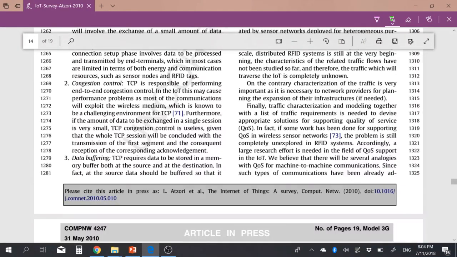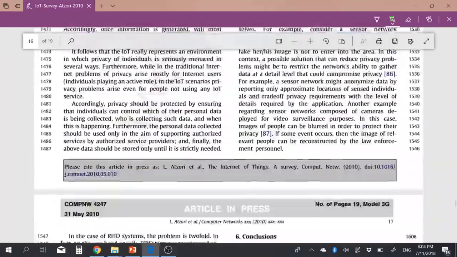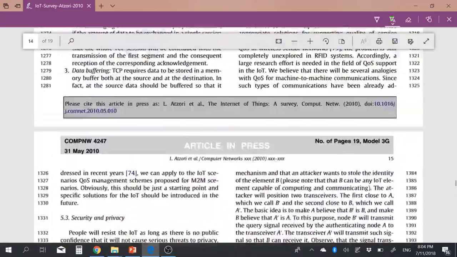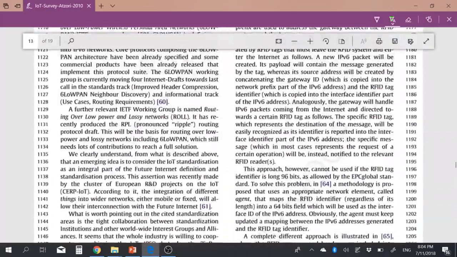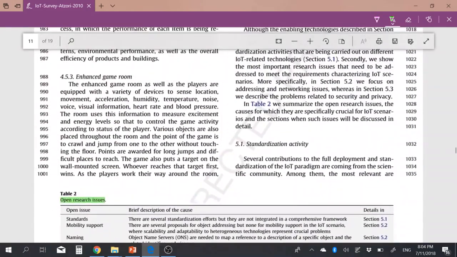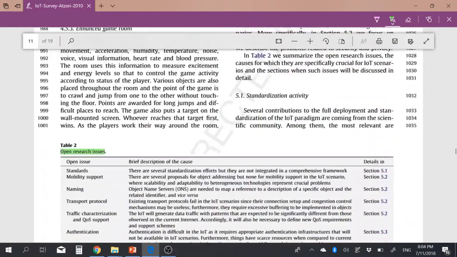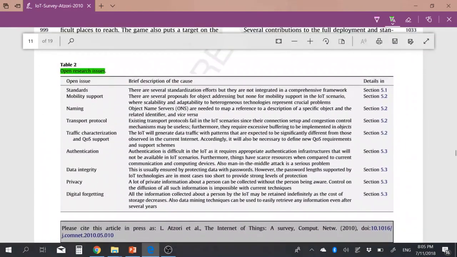We go down to number 5. Here, see, open issues. The author writes about many issues, and here the author makes a table, because this paper is a survey paper.